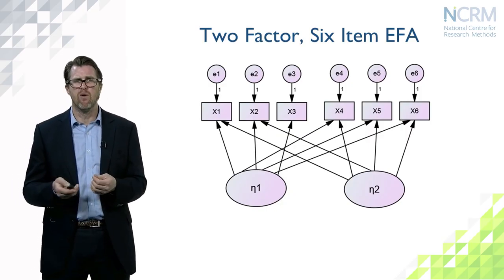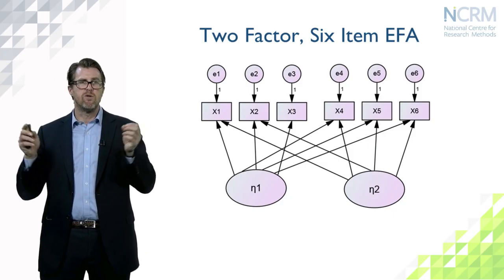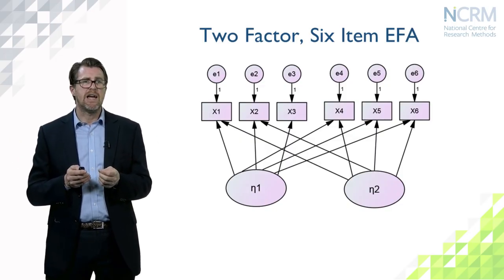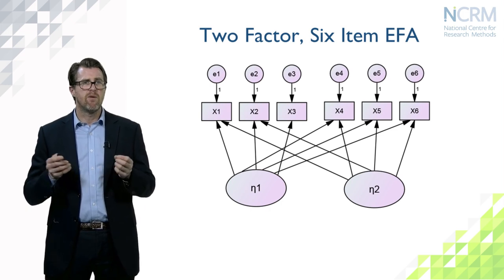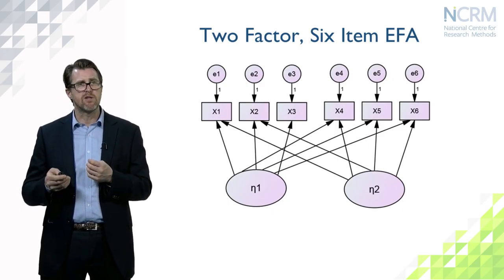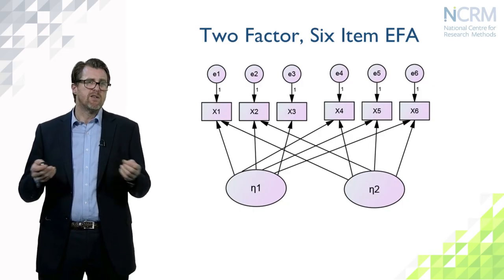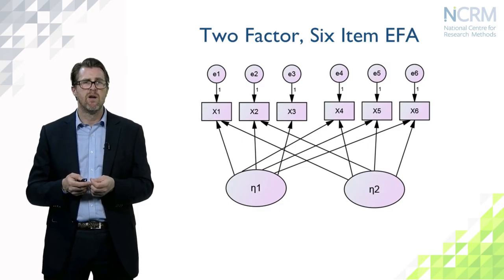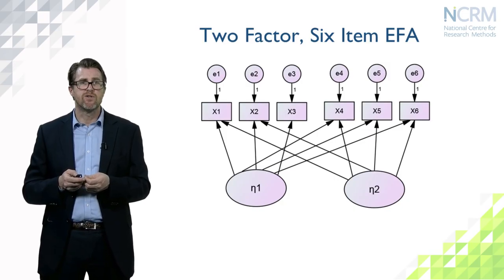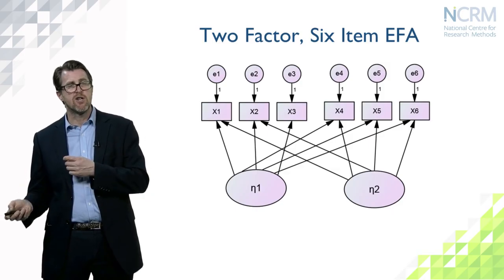Now, what we would be looking for in this kind of situation is that some of those loadings would be large and some of them would be close to 0. So if we look at eta1, for example, we might, in an EFA context, hope that or expect that the loadings between eta1 and x1 to x3 would be high, of say 0.7 or above in standardized form, and that the loadings that run from eta1 to x4 to x6 would be close to 0, and the opposite would apply for eta2.